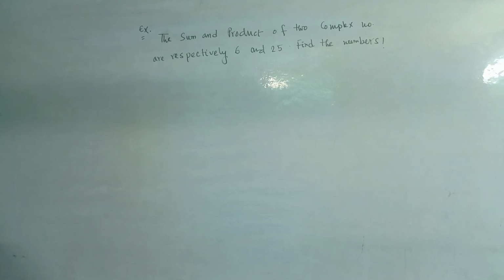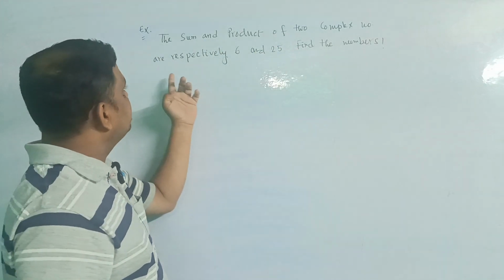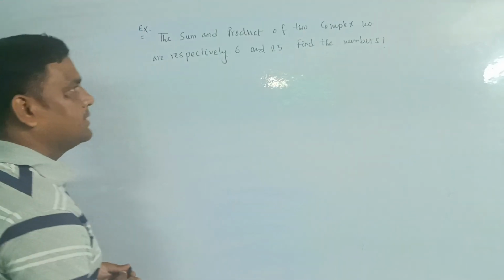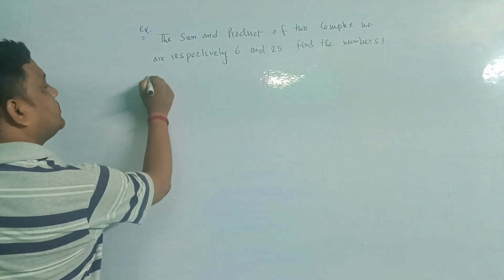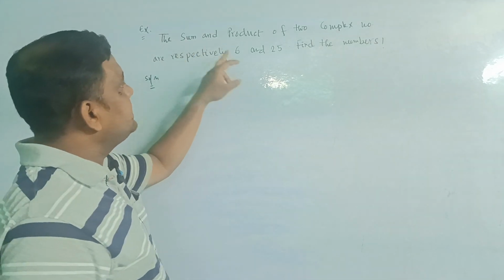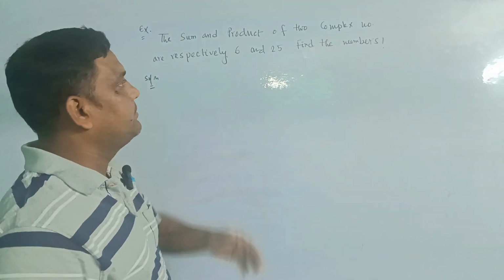So our next example: the sum and product of two complex numbers are respectively 6 and 25. Find the numbers. So how to solve? Notice here the sum is 6, the product is 25, and both are real numbers.